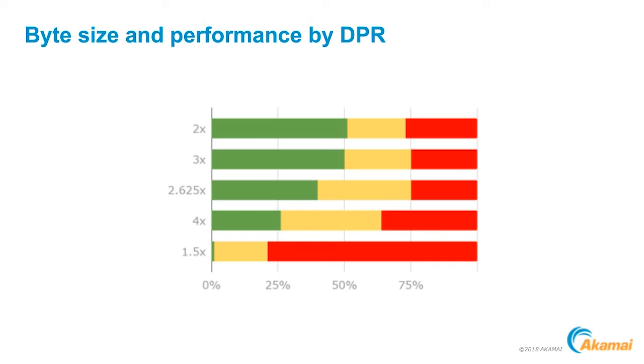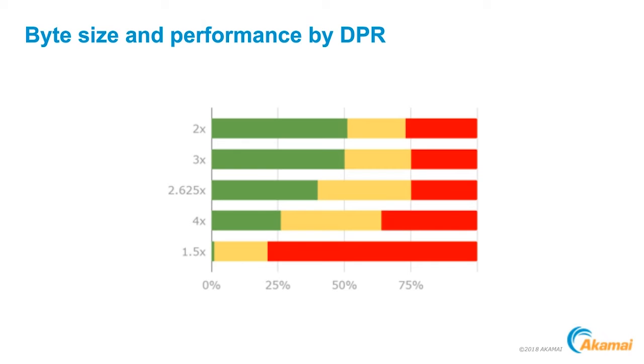Now, we've already mentioned that you may choose to serve responsive images, serving different images to different size devices. But you may also want to include in that different images to different screen densities. And when we start doing that, it means we're serving different byte sizes to different screens. And we need to break our data down by that. Not only do we need to measure the actual byte served, but we should also measure the impact on performance.